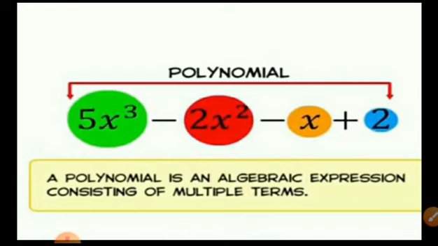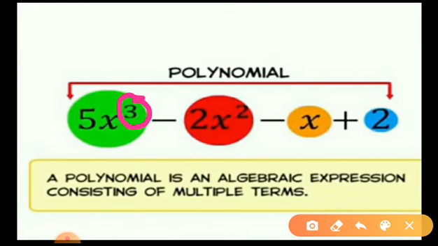Okay? And an expression will be a polynomial when the degree or power of your x is always a non-negative integer. Non-negative integer, that means it should always be a whole number.